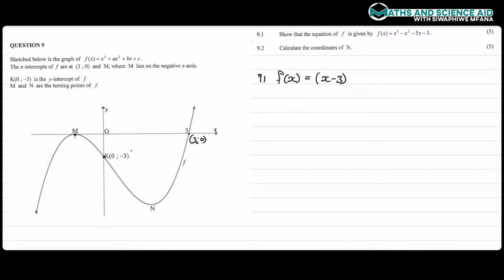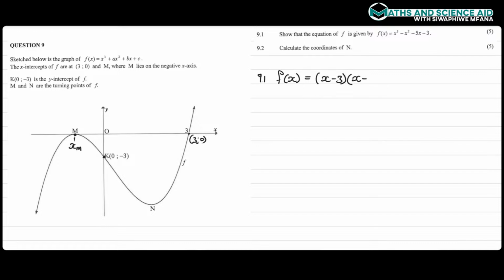And then what about point M here? Let's call this xm. Since that is the only other x-intercept we have here, it means that we actually have x plus, oh, actually, it should be minus.